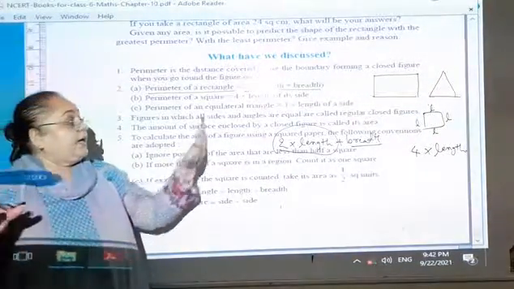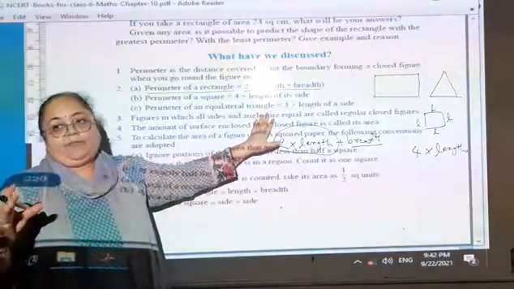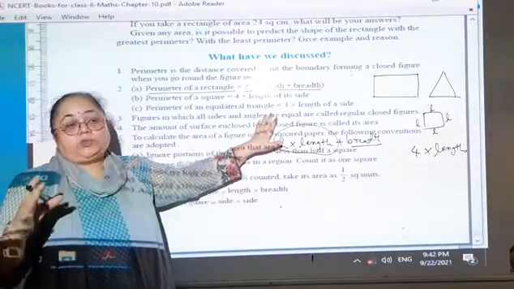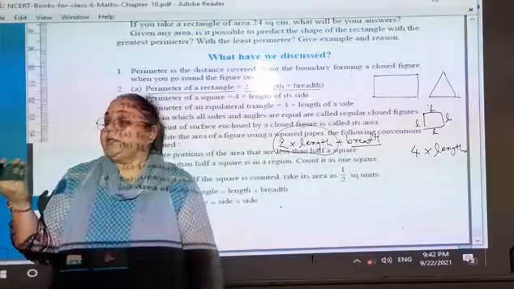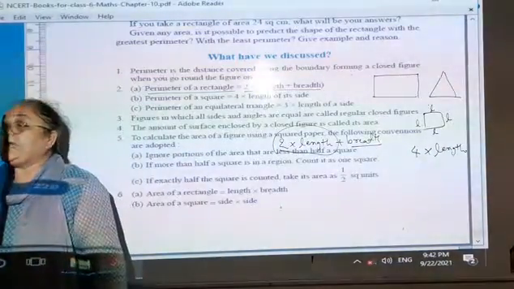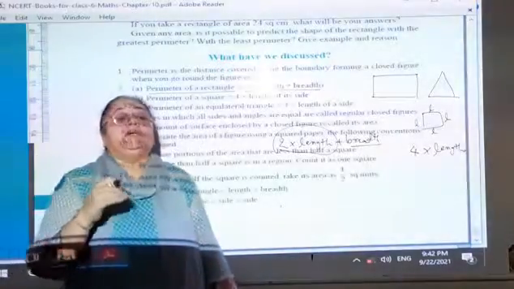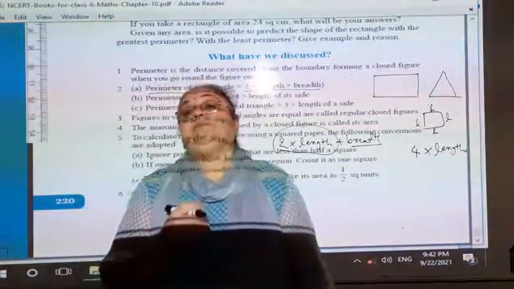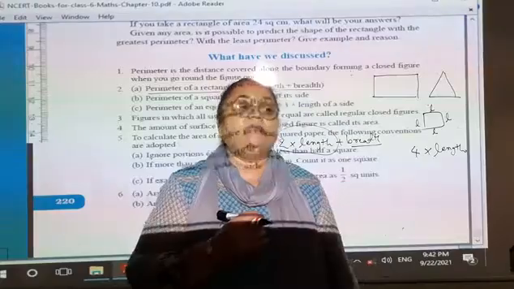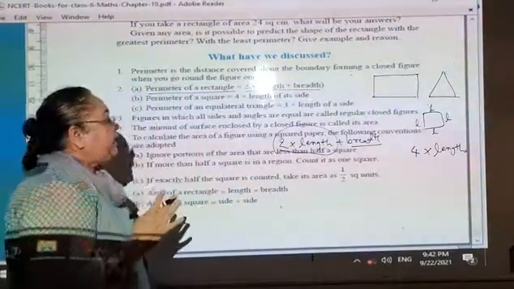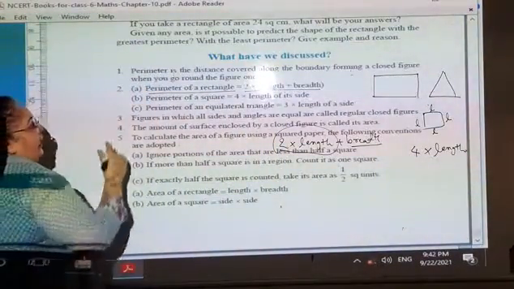Here the measures of sides are the same, that's why it is applicable. So how will you find the perimeter of isosceles and scalene triangles? By adding the measures of the 3 sides. Okay, clear?